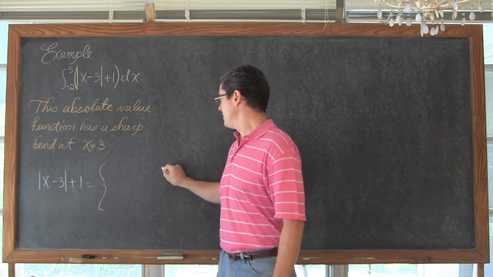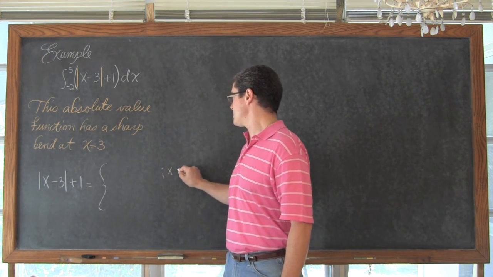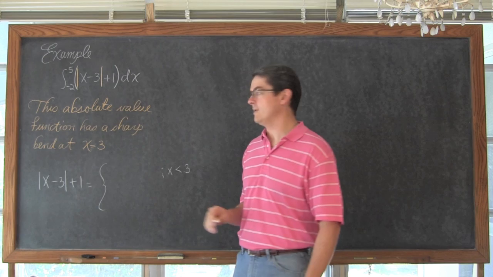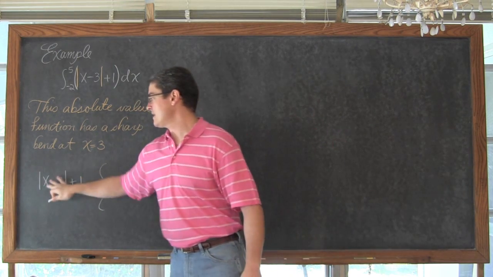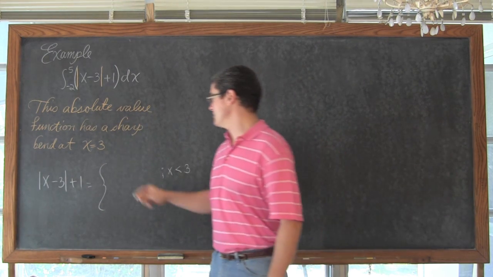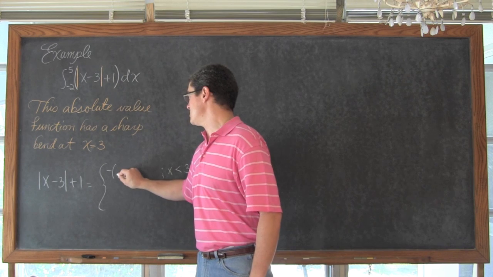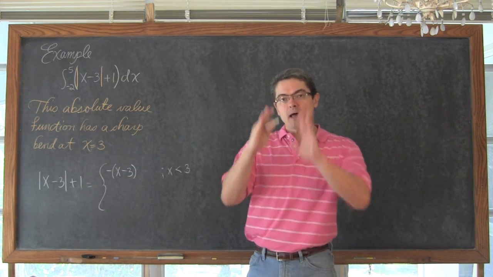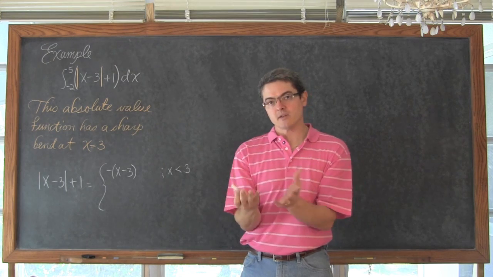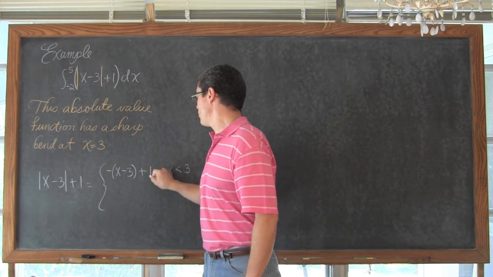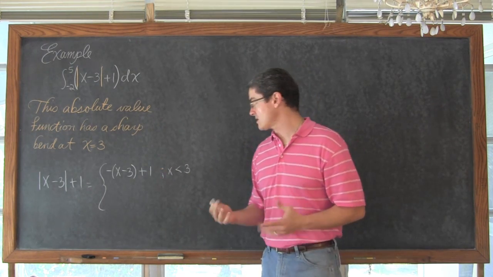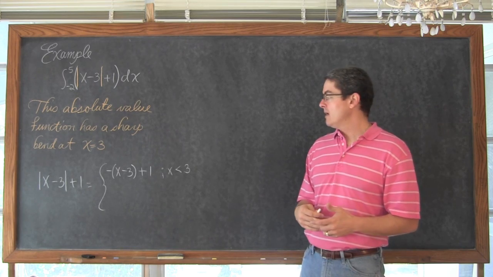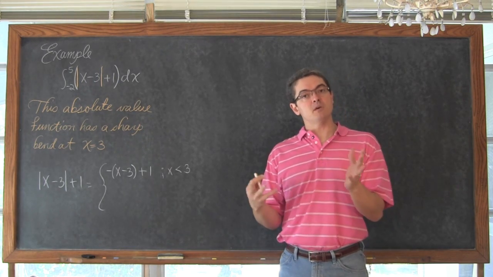What about when x is, again, less than 3? Then what's inside that absolute value function is going to be negative. So it's going to be negative parentheses x minus 3. I'm taking those absolute value bars out and replacing them with a set of negative parentheses, plus 1. So this is going to be our function when x is less than 3. Now the absolute value of 0 is 0, so nothing changes.